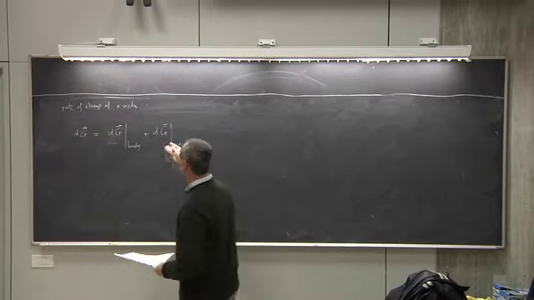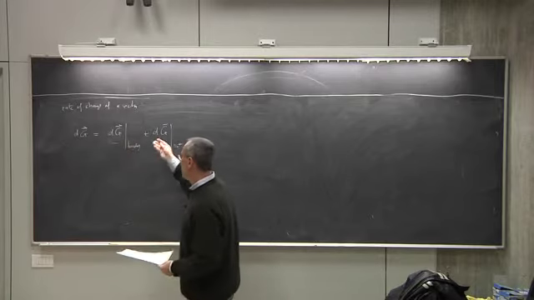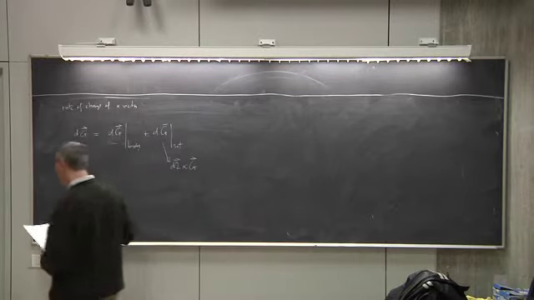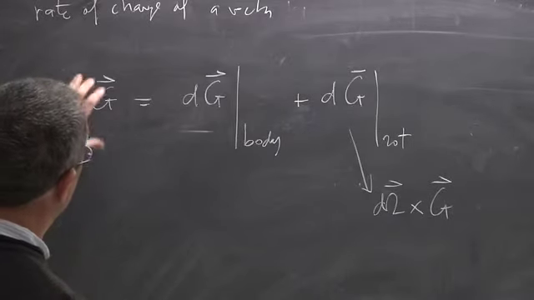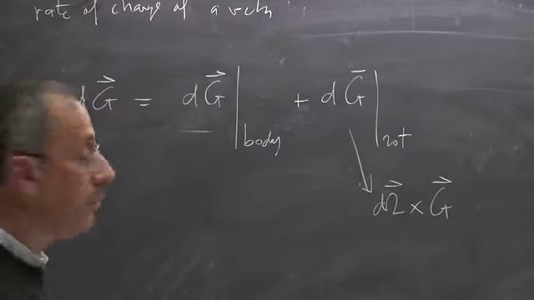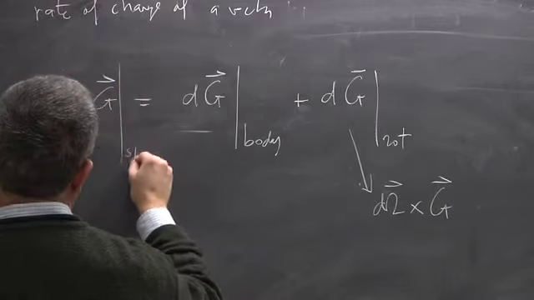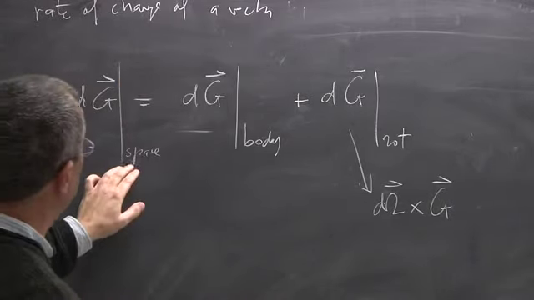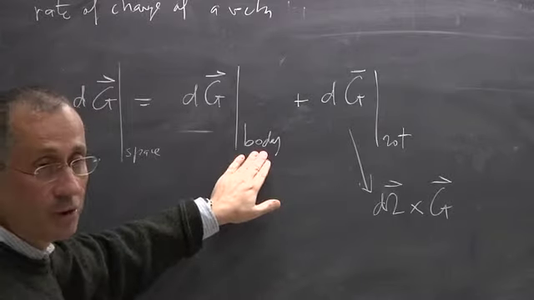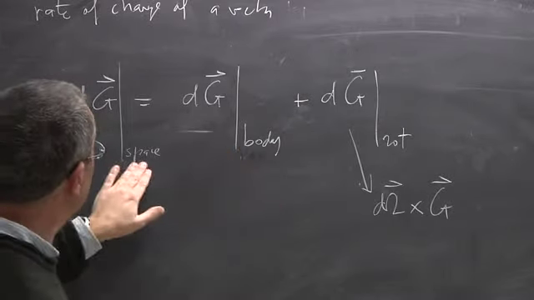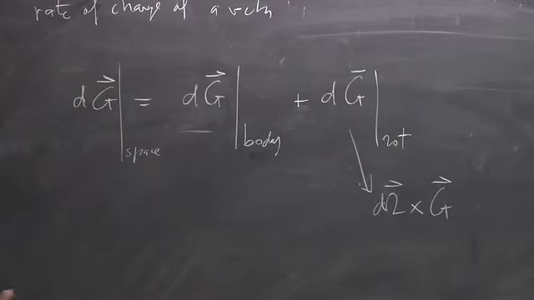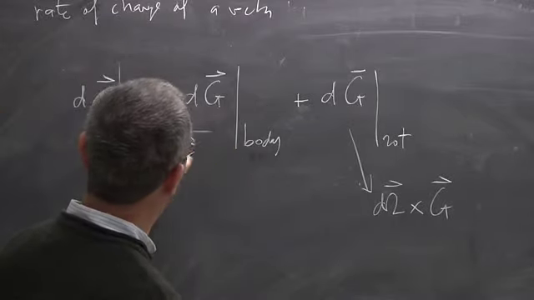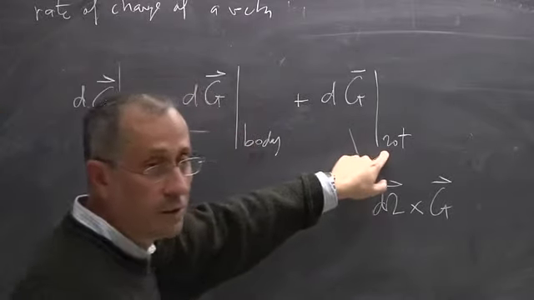And so this is a general differential change. If I specify that I want to study the change in time, you may call this one space if you want. This is as measured on the rotating body. This is the change measured in space, meaning stepping out from the rotating body, so you have to compensate for the rotation and add it.